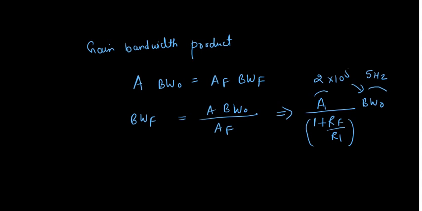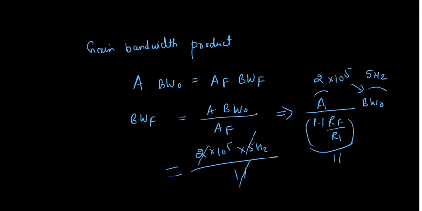You choose AF as 11. So 2 into 10 to the power 5 into 5 hertz divided by 11. Now you can operate over a frequency range of the order of 10 to the power 5, 10 to the power 6. Ten and 11 are almost equal. So you can operate even if your input frequency is in the megahertz or kilohertz range. Correct?